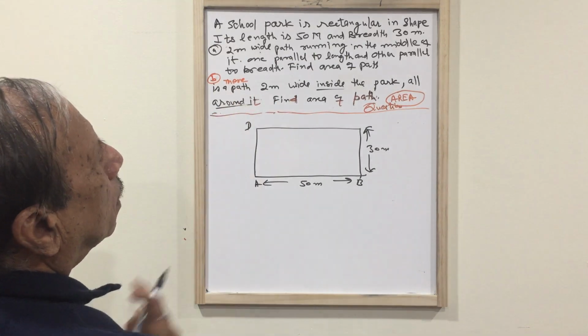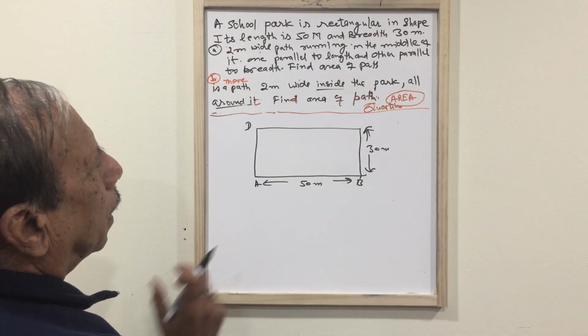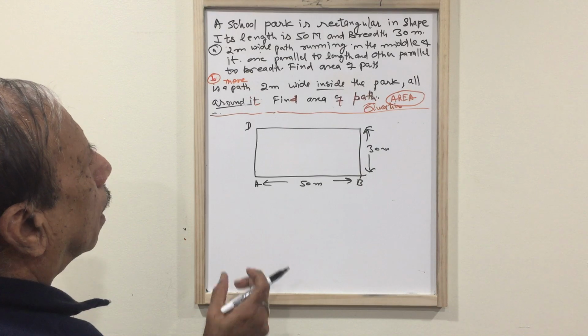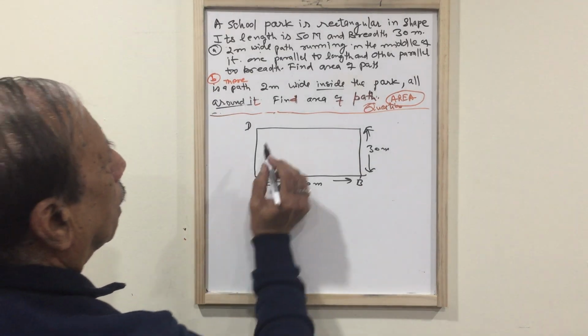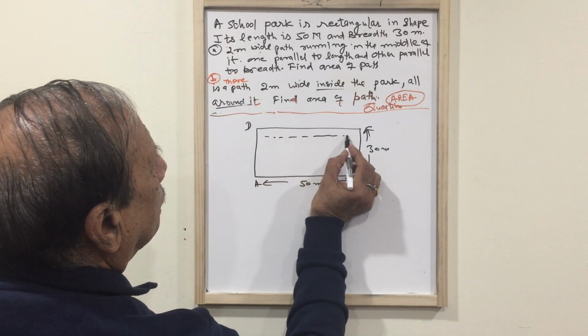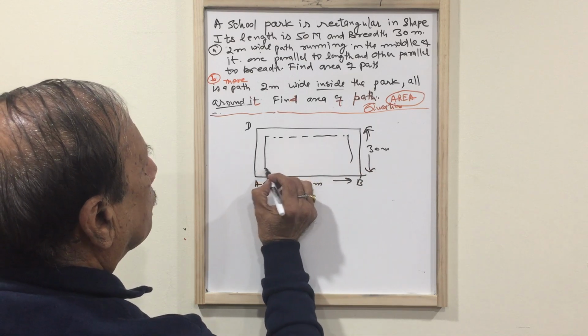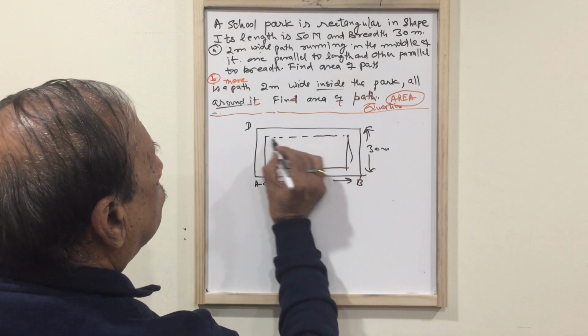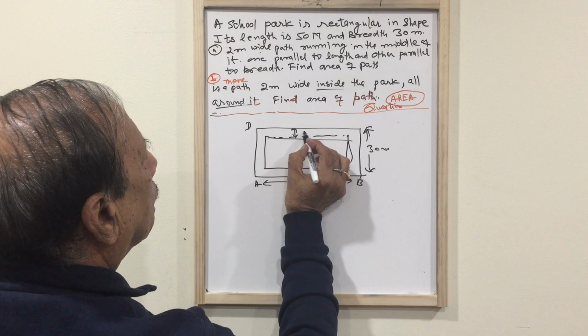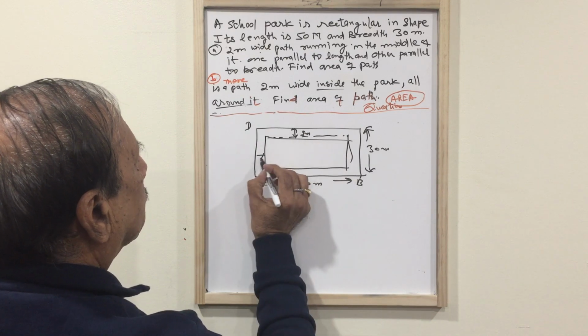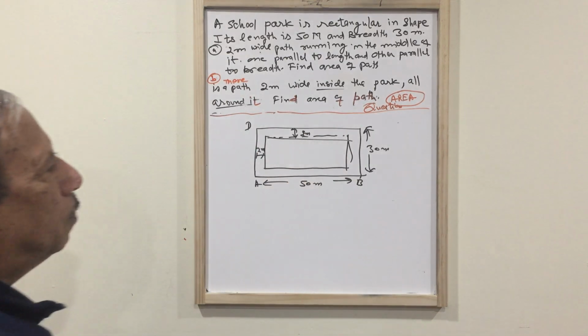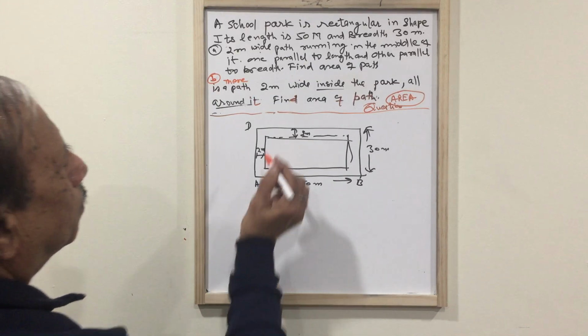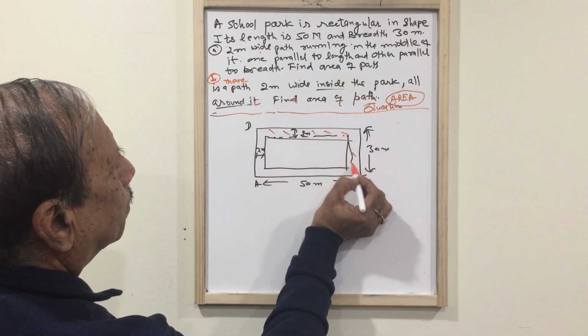There is a 2-meter wide path inside the park, all around it. We have to find the area of this path.